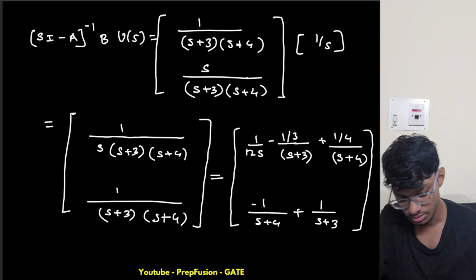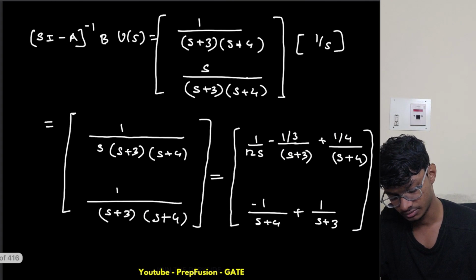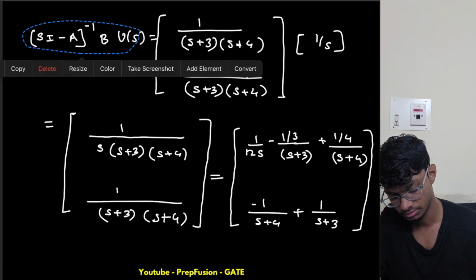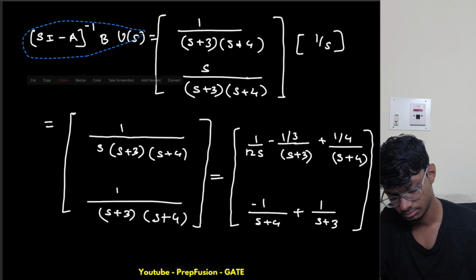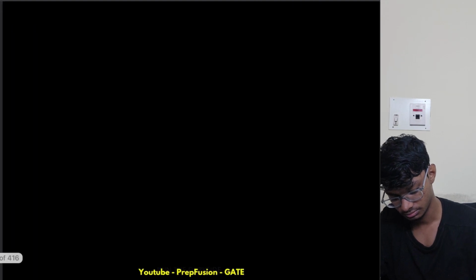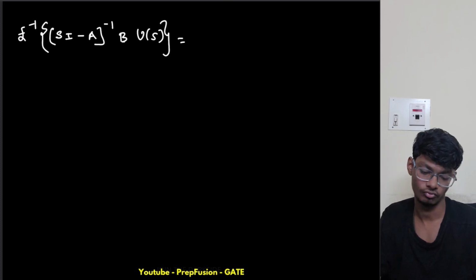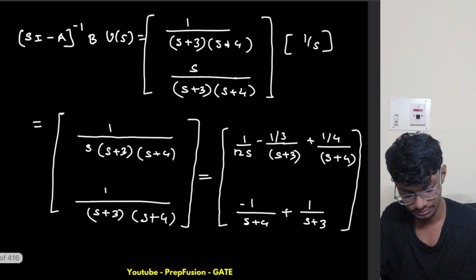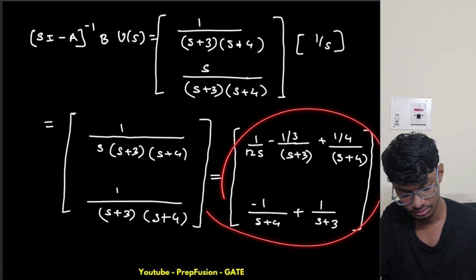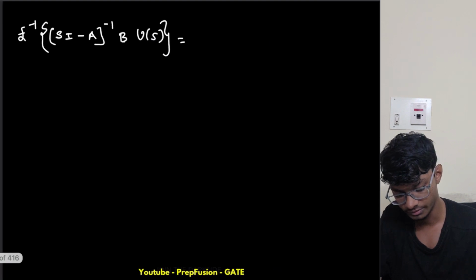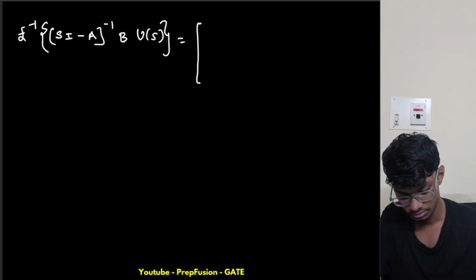I will take the Laplace inverse of this, and I'll find the zero state response. So if I take the Laplace inverse of this, let me copy this. Taking the Laplace inverse of this, what will be the Laplace inverse? It will be simple. This will be 1 by 12 into u of t. u of t I will take outside common, because u of t will come with everything, 1 by 12.